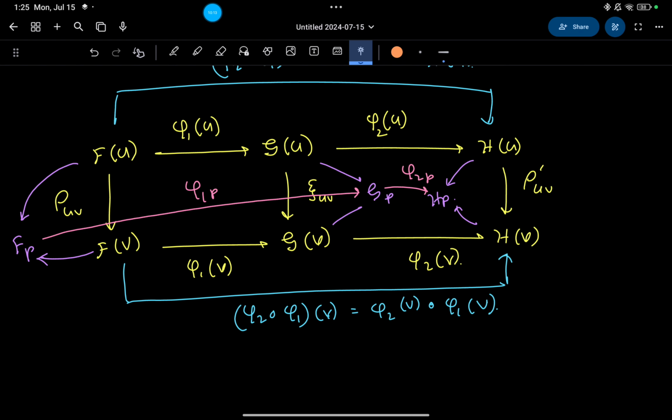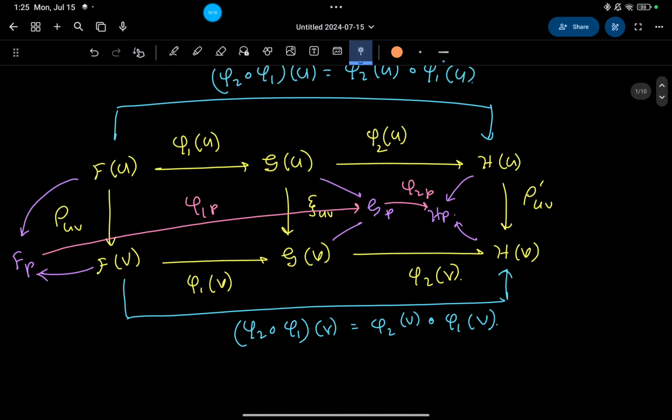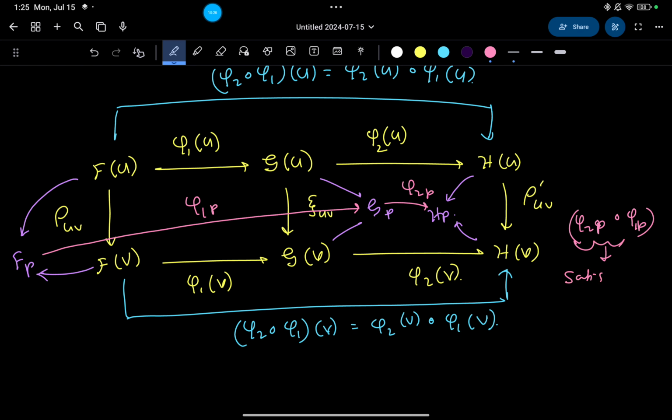So if we glue these two maps phi1p and phi2p, the composition, let's say phi2p composed with phi1p, this also satisfies the universal property.